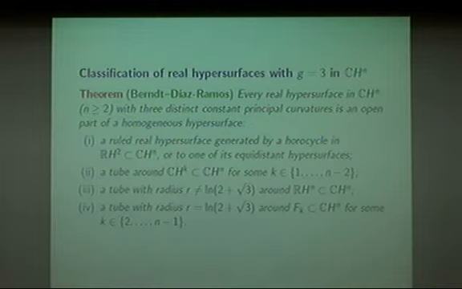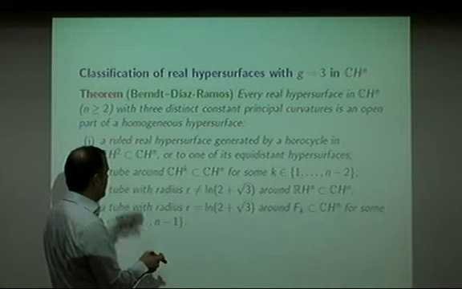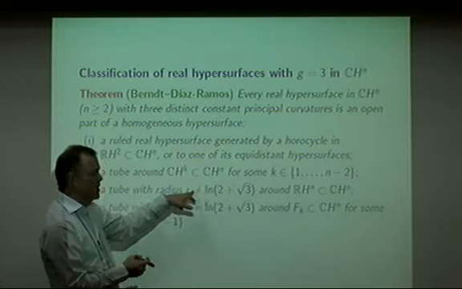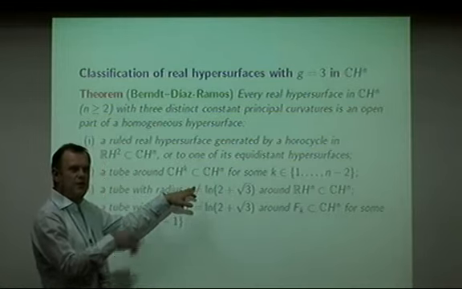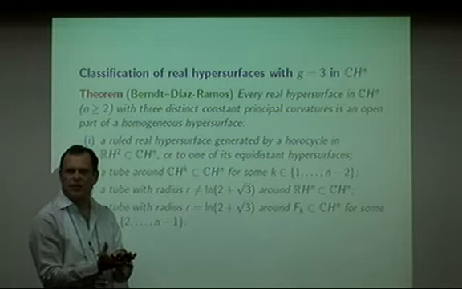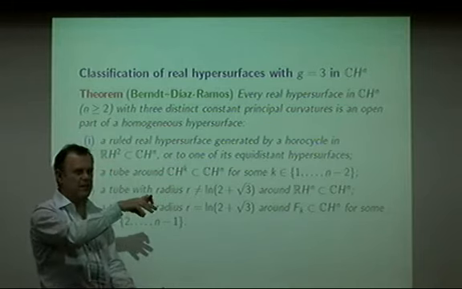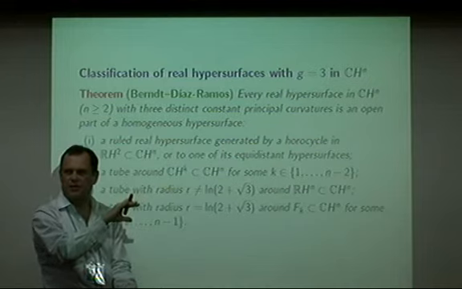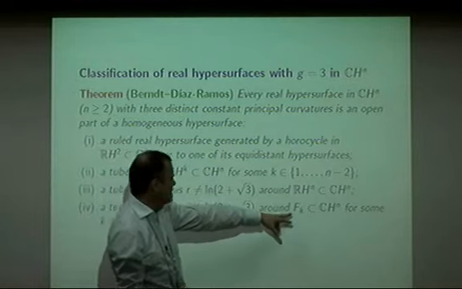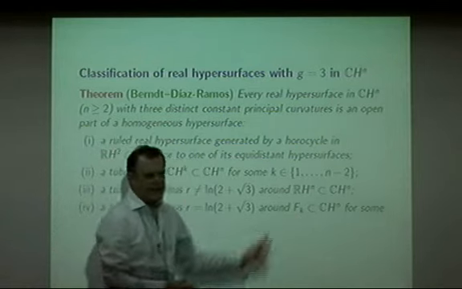It just happens that for this particular radius, when r is equal to the logarithm of 2 plus square root of 3, 2 of the principal curvatures coincide, so we get only 3. So we get this family of tubes with 4 distinct principal curvatures, but for a particular radius we have only 3. Just happens so. And then we get a certain tube of a particular radius around a particular submanifold in complex hyperbolic space. And this is the first example.